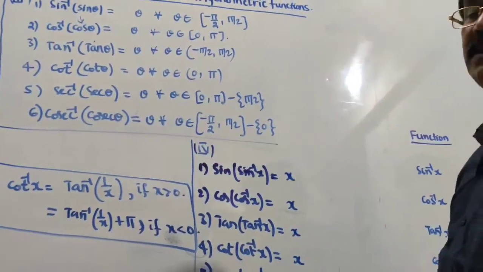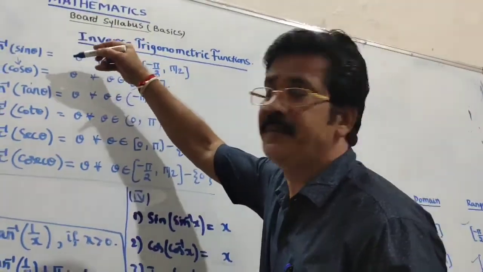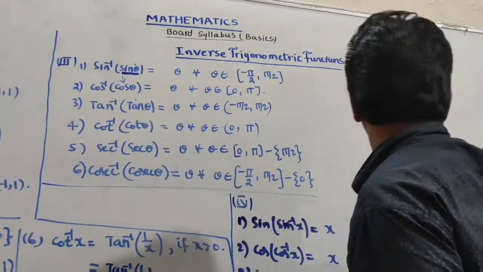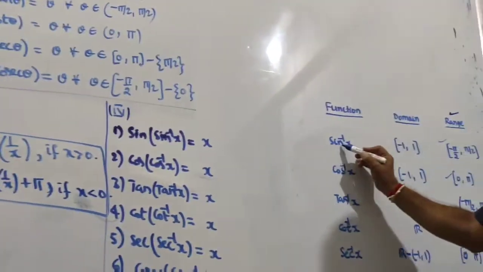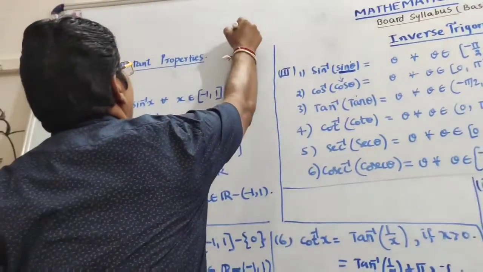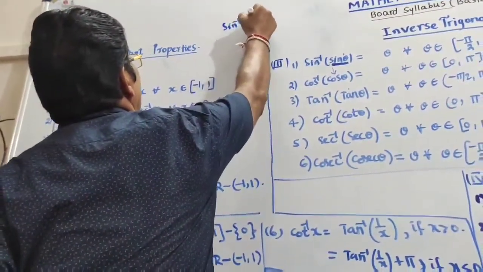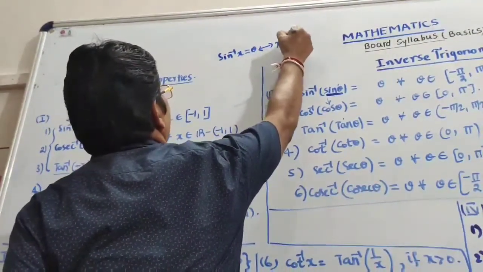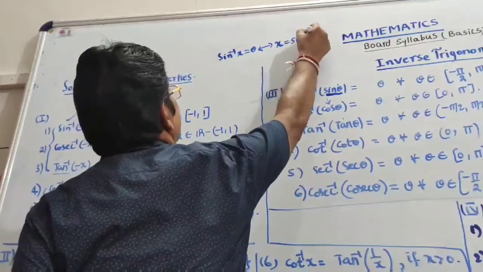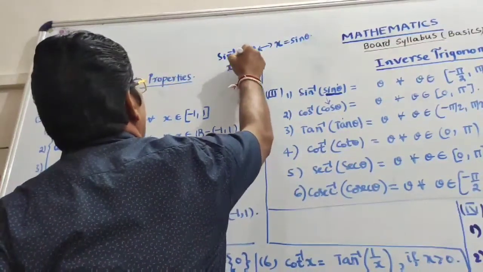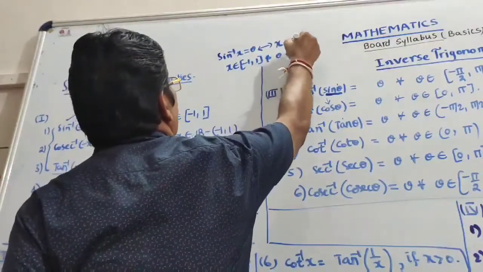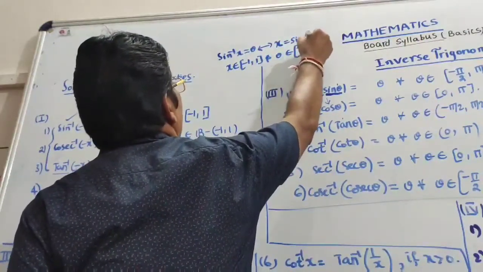What is x here? You come here, sin inverse of sin theta: theta means we wrote the ranges of sin inverse x. Because already I said if sin inverse of x is equal to theta, then x equals sin theta, whereas x belongs to the closed interval of minus 1, 1 and theta must belong to the closed interval of minus pi by 2, plus pi by 2.